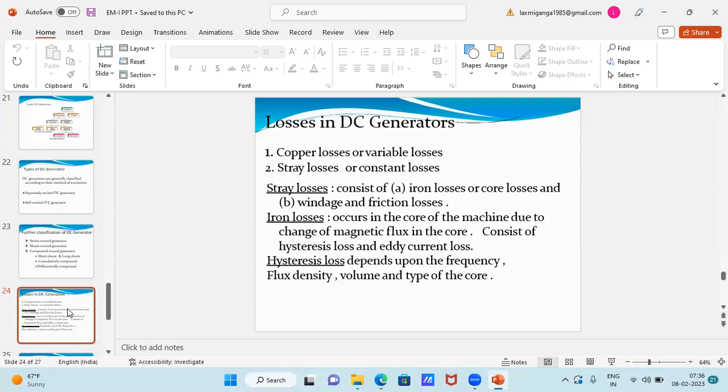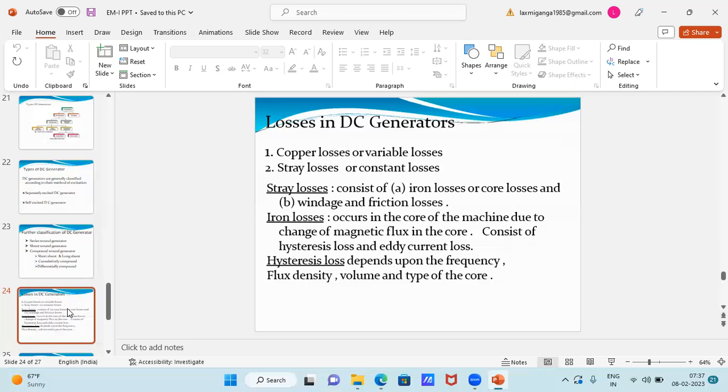Iron losses occur in the core of the machine due to changes of magnetic flux in the core. They consist of hysteresis loss and eddy current loss.